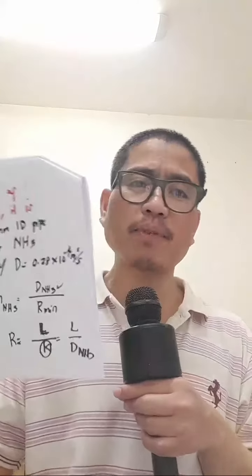So in here, guys, it is two steps. Yes, two steps in order to have the number of moles. We have the diffusion coefficient of ammonia, but we don't have the minimum resistance of ammonia. We get the minimum resistance by having the length, which we have, over the diffusion coefficient that we have, so we can have the R minimum.